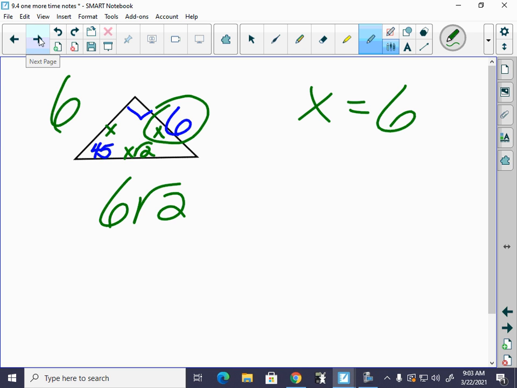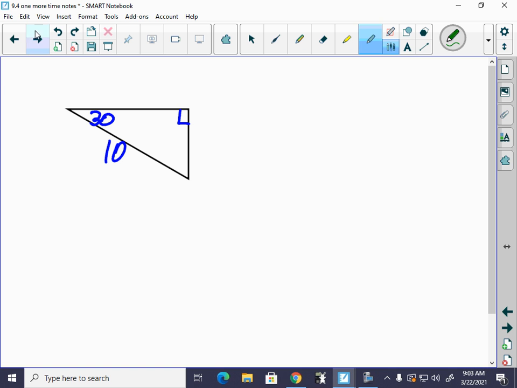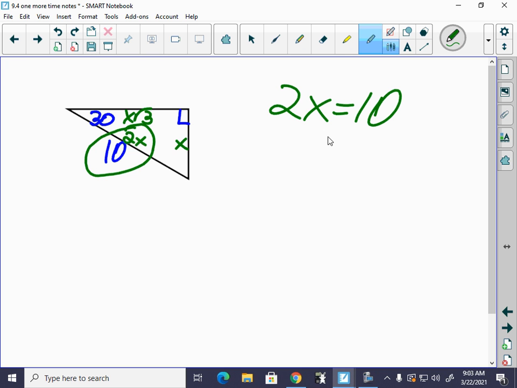Okay, here we go. 30, x, 90, 2x. Leftover, weird side. Okay, circle. Make an equation. She's still posting. Divide by 2 and get 5.